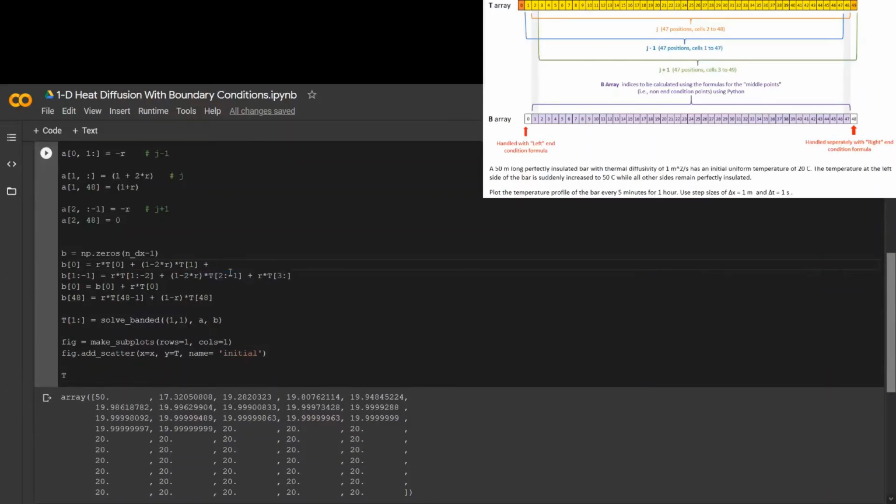plus, and remember the indices are kind of off by 1, right? Because our b is one size smaller. Not to get confused, because this is our j, but this j is 1 off of what b is, right? So don't get hung up on it. So then this one's t and then 2.